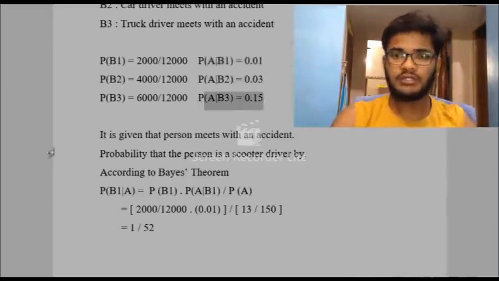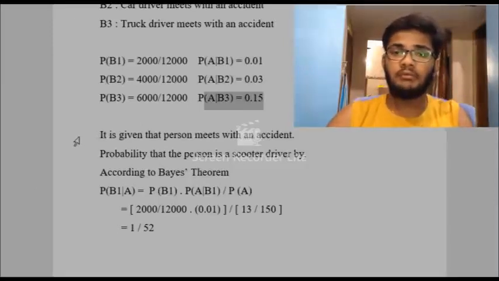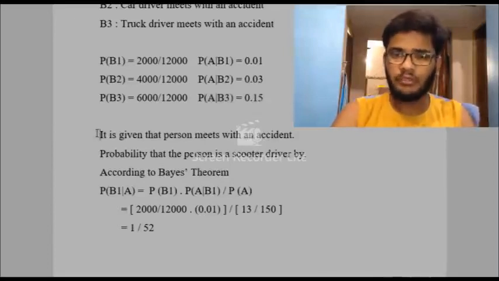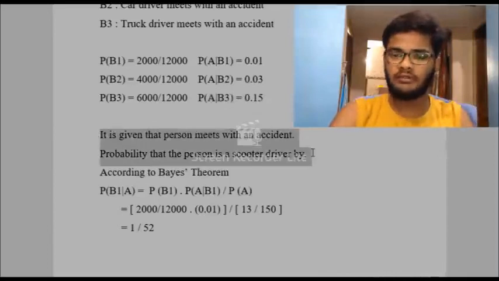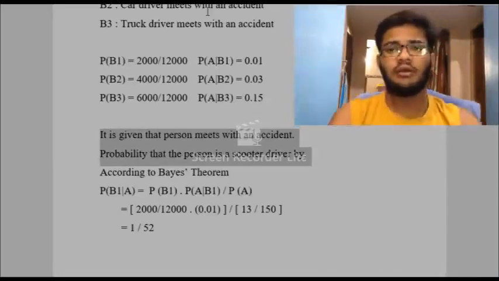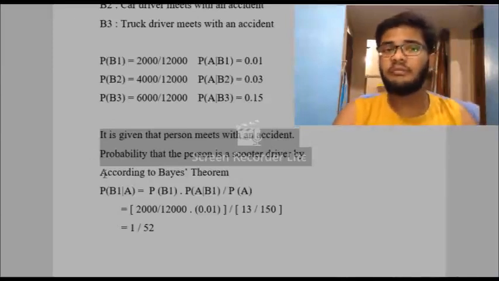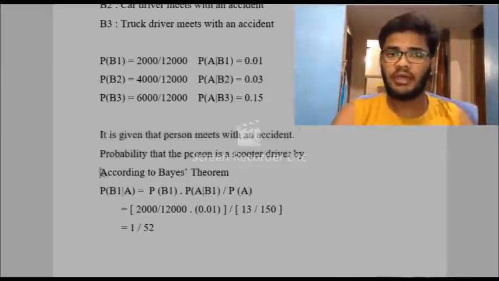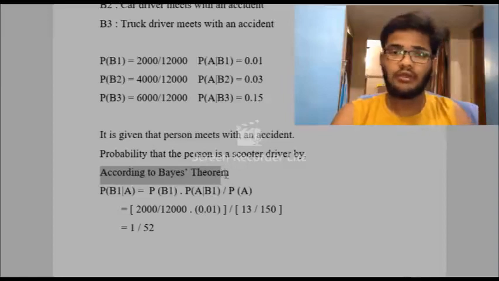In the earlier question it was the probability that a driver meets with an accident, whereas here we have to write a statement that it is given that a person meets with an accident, and find the probability that the person is a scooter driver.